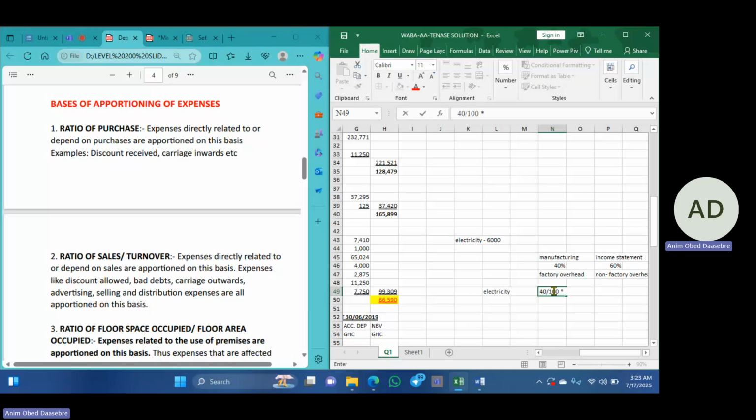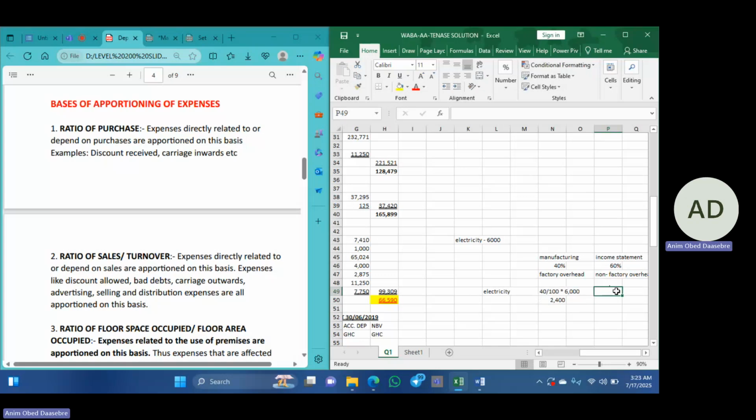Times 6,000. The answer you get is 2,400, which will be taken toward the manufacturing as your electricity factory overheads.